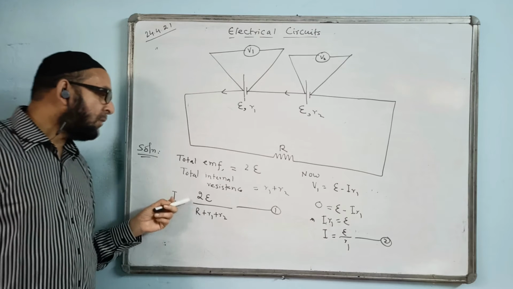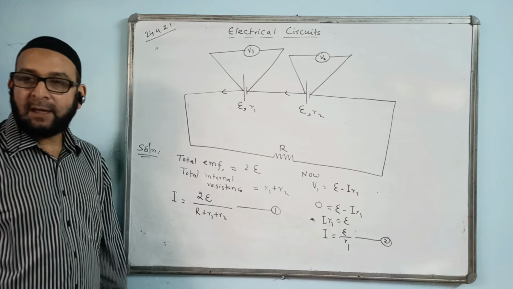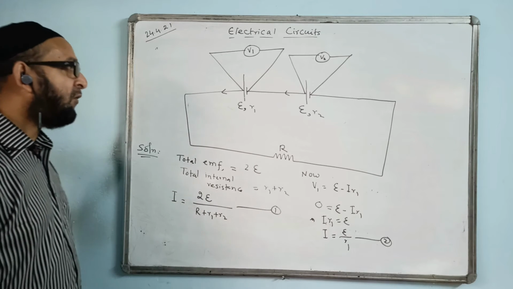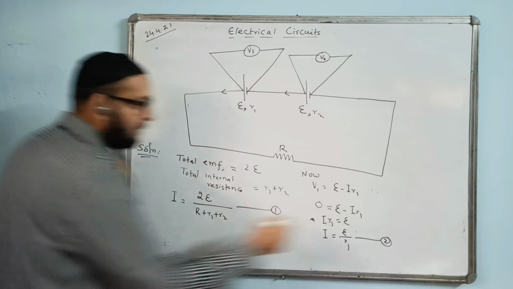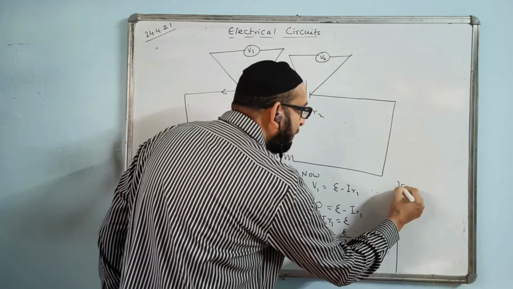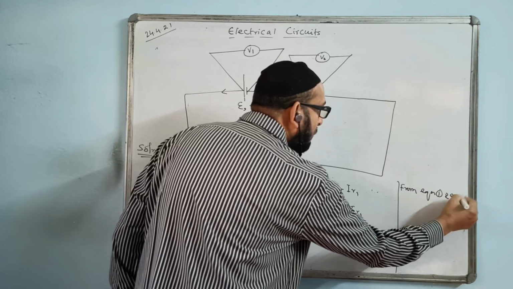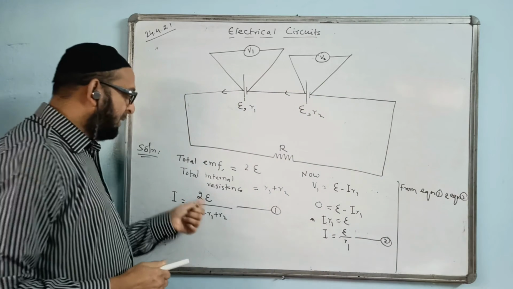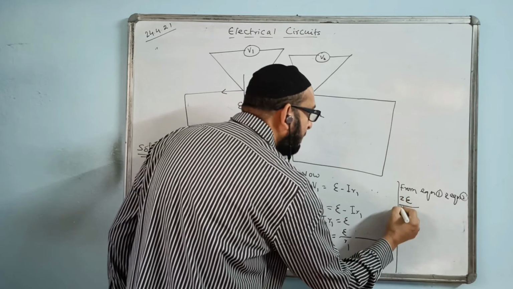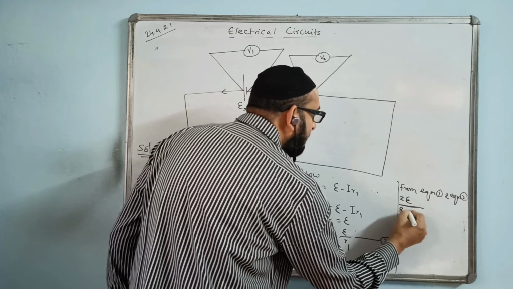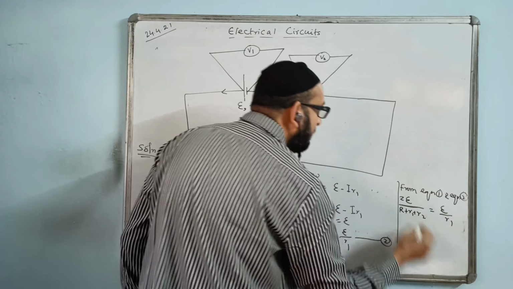We are looking at equation 1 and equation 2. The left-hand sides, I, are equal, so we'll make the right-hand sides equal. From equation 1 and 2, we can write 2E divided by R plus R1 plus R2 is equal to E upon R1.